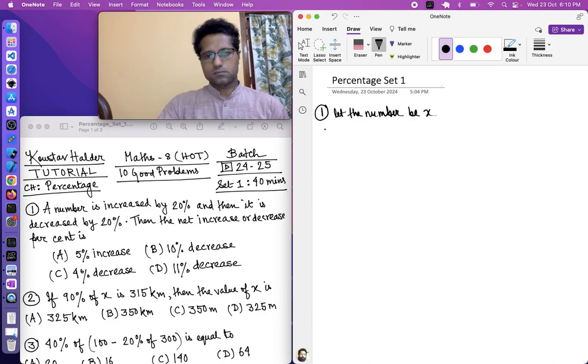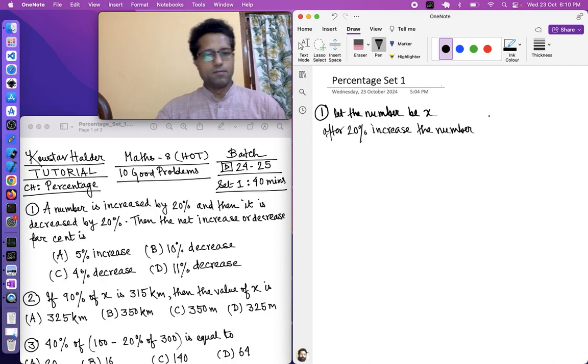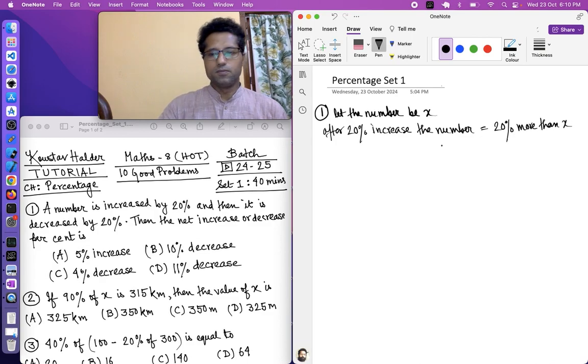Now after 20% increase, the number. If the number was increased by 20%, a 20% increase means 20% more than x, as we have assumed the original number to be x.